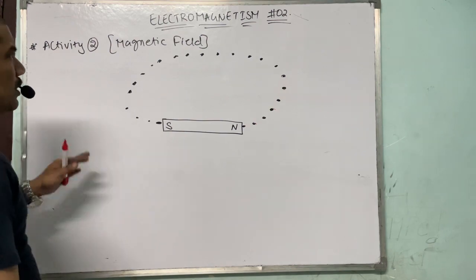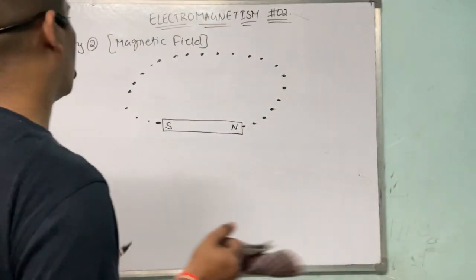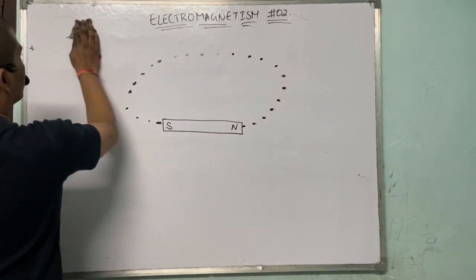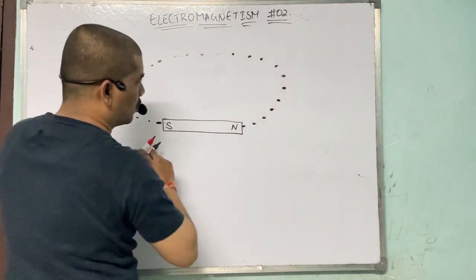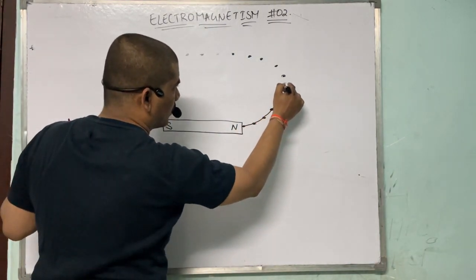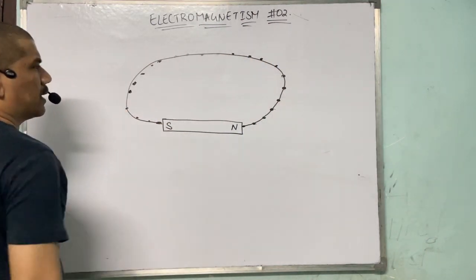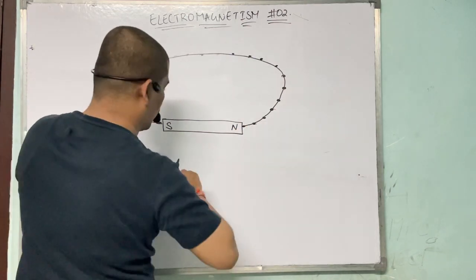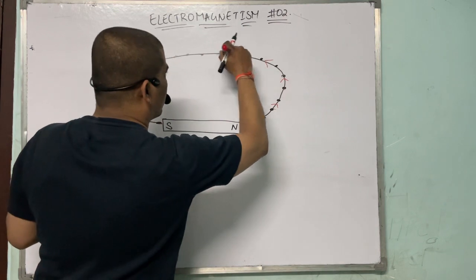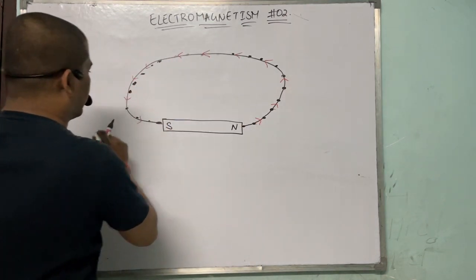Now once you get all the dots, what you have to do, you simply need to join them. Join all the dots. Right. And mark the arrow from north, in this direction. Okay everyone, like this you should do.